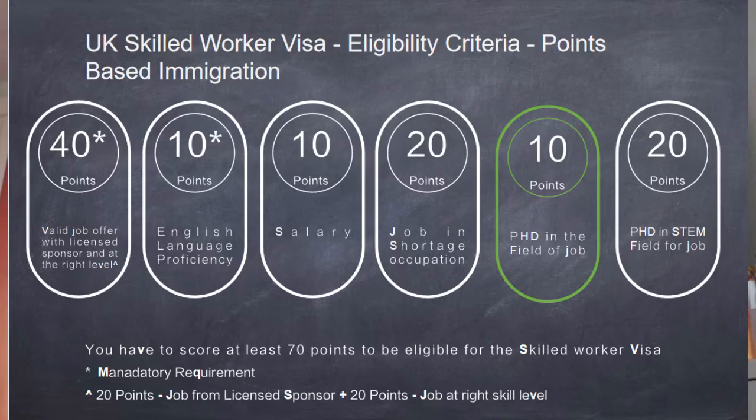The next is if you have a PhD in a specific subject, you will gain more points, and if there are very specific requirements, you might get a certain number of points as well. I'm talking about points, so what exactly is the threshold of the total number of points? For your work visa, you will have to get 70 points in total.